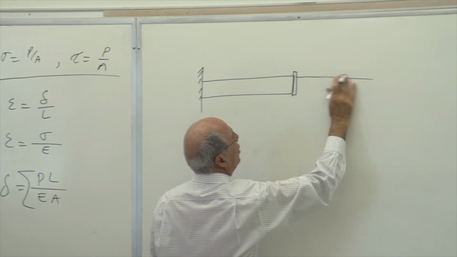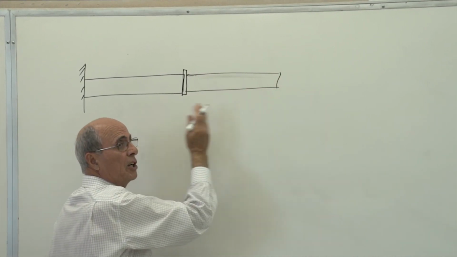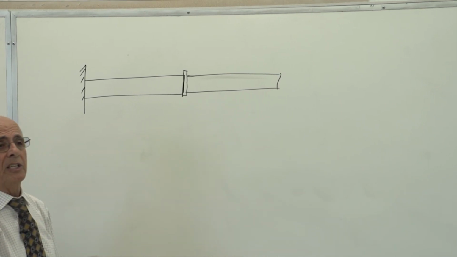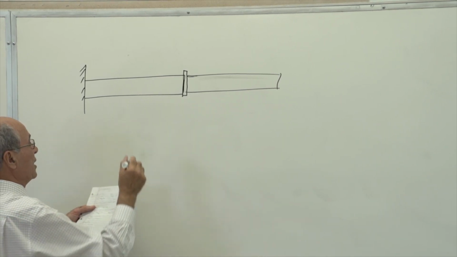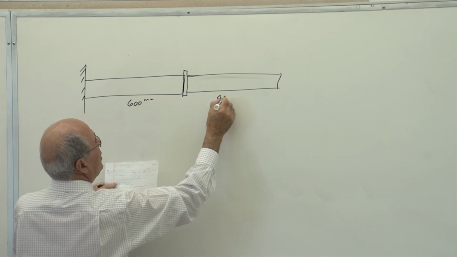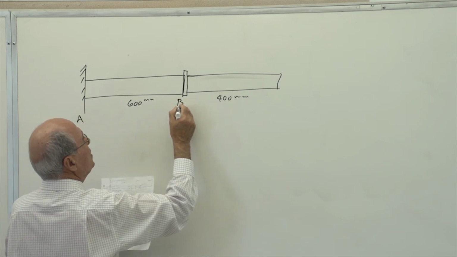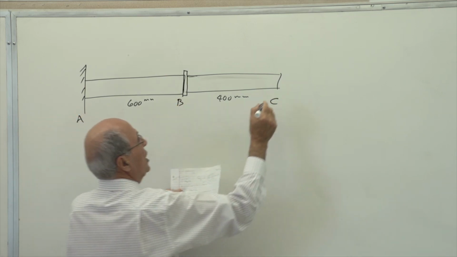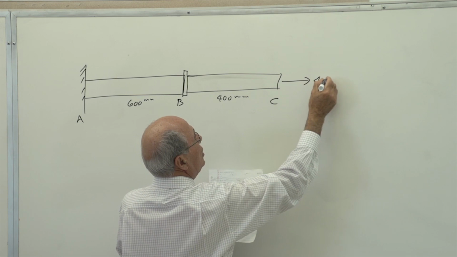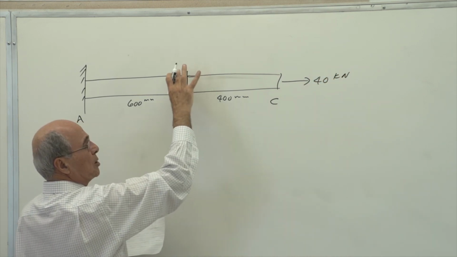This is a 2-part rod, and this rod could be different material. This could be a different cross-section. Of course, there are different lengths. This is 600 millimeter long. This is 400 millimeter long. This is point A. This is point B. This is point C. There is a 40 kilonewton load here. This rigid part doesn't matter.